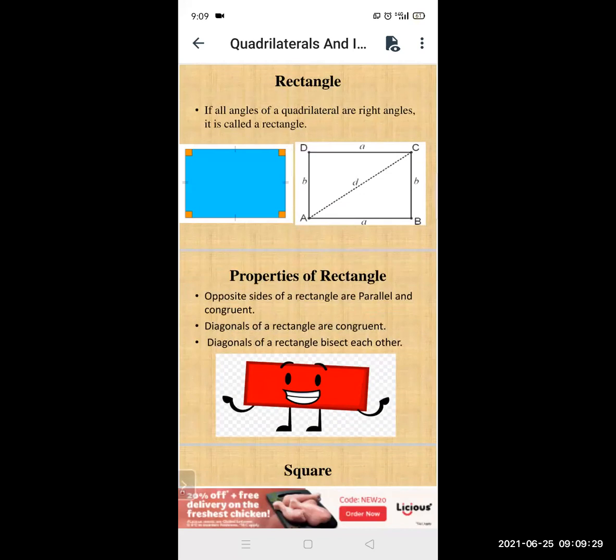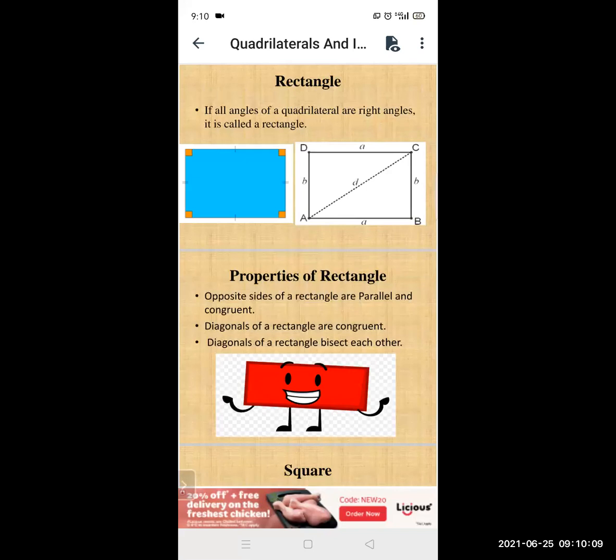After knowing the properties only, you can identify what kind of quadrilateral it is, because on the very first page of the quadrilateral chapter in your 9th standard textbook, the properties are given, and there is an empty box in which you have to fill in which quadrilateral it is.